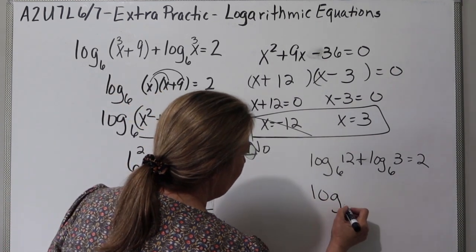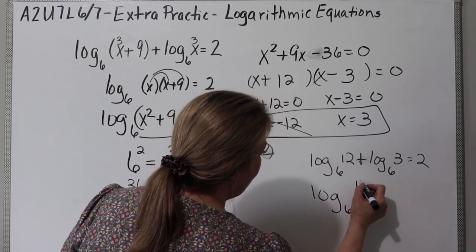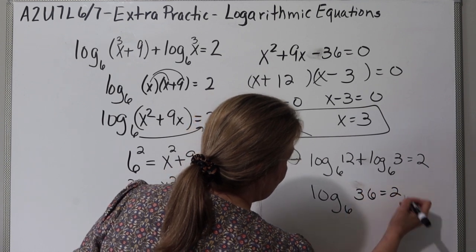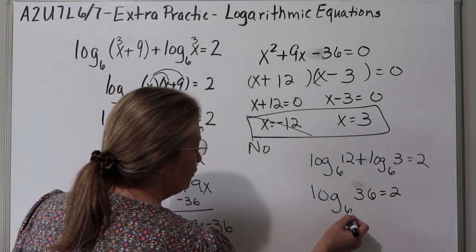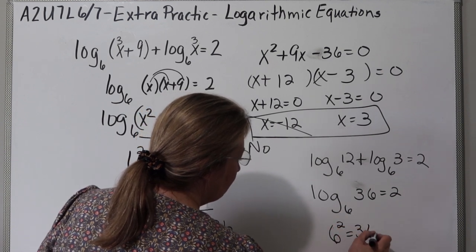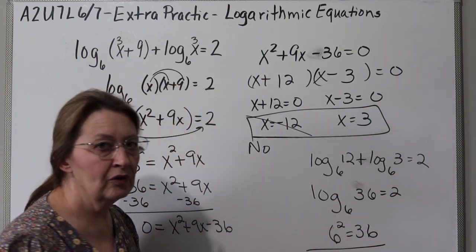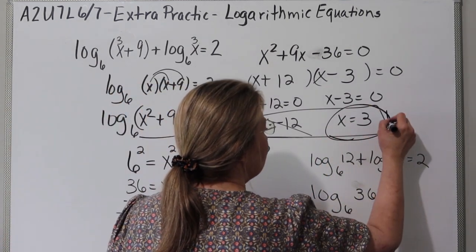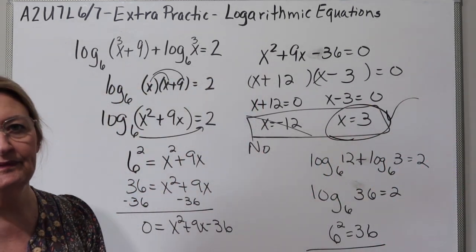So I've got log base 6 of 12 times 3, which is 36. Now let's check it. Here's your base, here's your exponent, and here's your argument. Is 6 squared equal to 36? Yes, it is. So this is a valid solution, okay?